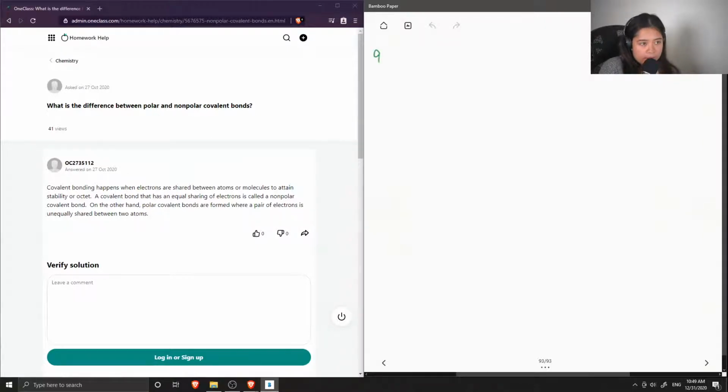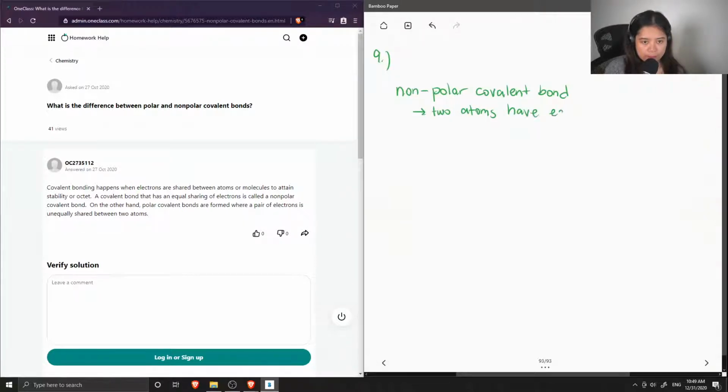Okay, so when we have nonpolar covalent bonds, this is when two atoms have an equal or similar electronegativity values.